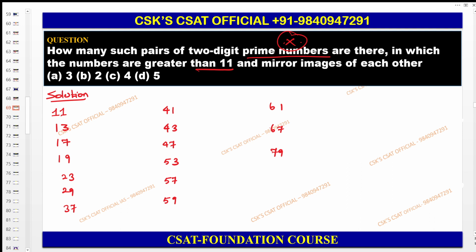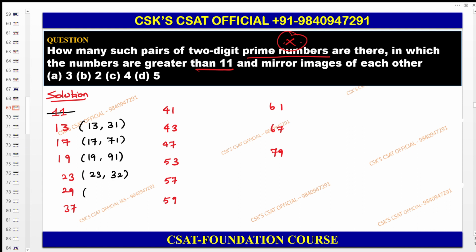Now let us check here. The question itself deals with greater than 11, therefore stop at this one. Now this is the prime number. What is the mirror? 31 here. Now here 17, here 71, here 19, then here 91, here 23, here 32.